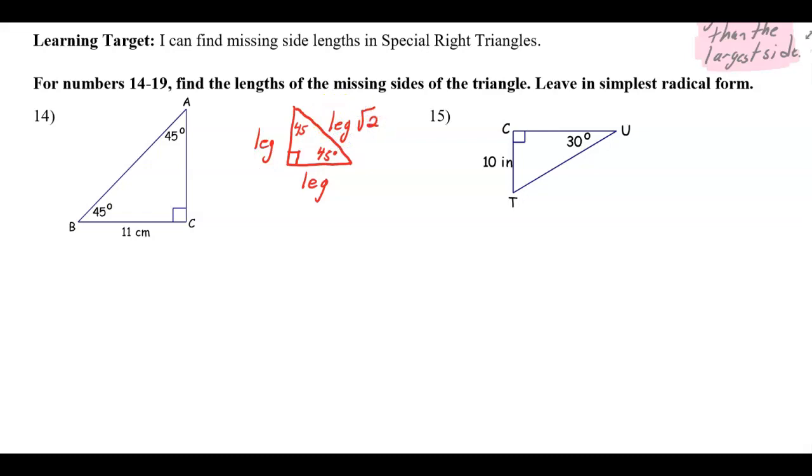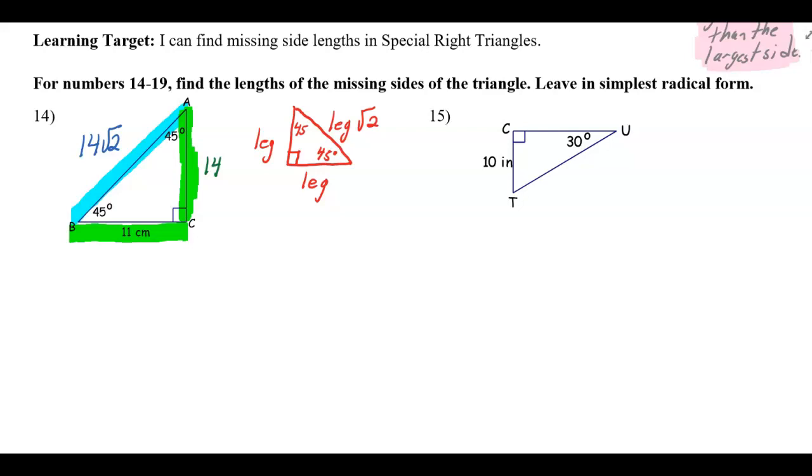So if we look at problem number 14, this leg in green is the same as the other green leg, therefore AC is 14. The hypotenuse, which I'm highlighting in blue, is going to be 14 square root of 2. So for problem number 14, we're using the relationship that I drew in red.